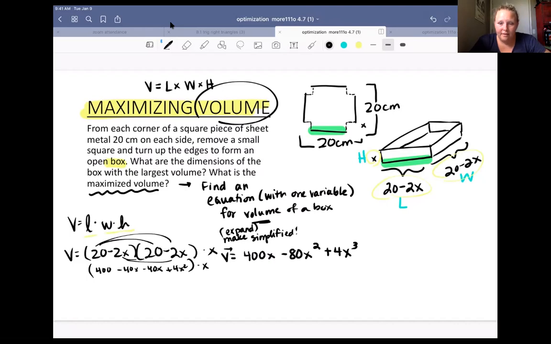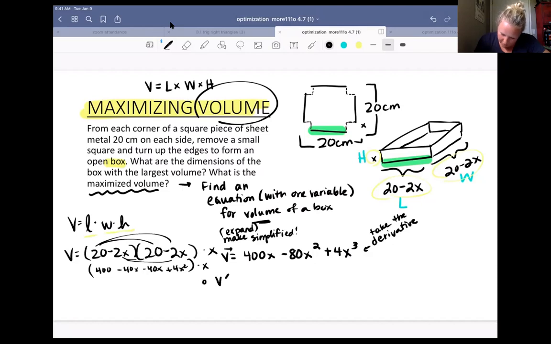Okay? And this is the function that we're going to take the first derivative of, and find its critical numbers and maximize it. Find the number that maximizes it. I mean, that's a cubic, right? What is the derivative for this? So I'm going to do v prime.